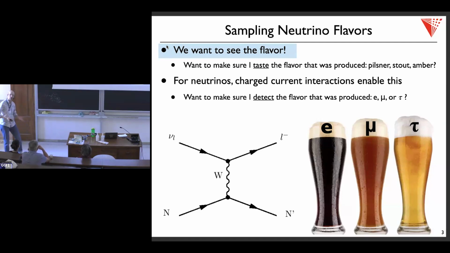In a reactor neutrino experiment, neutrinos aren't high enough in energy to make a muon, so just by seeing any final state lepton, that's what we do. We sample the flavors and then look for certain flavors turning into other flavors, or look for certain flavors just disappearing.